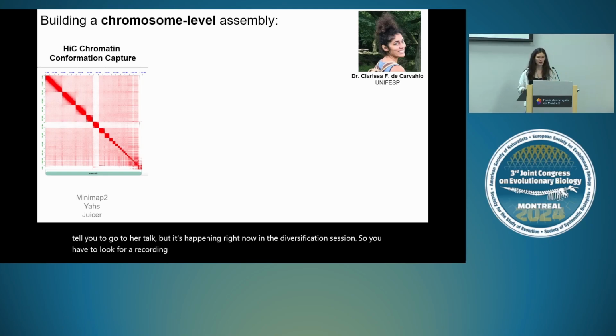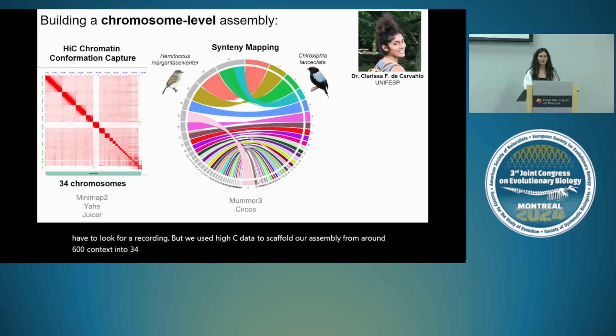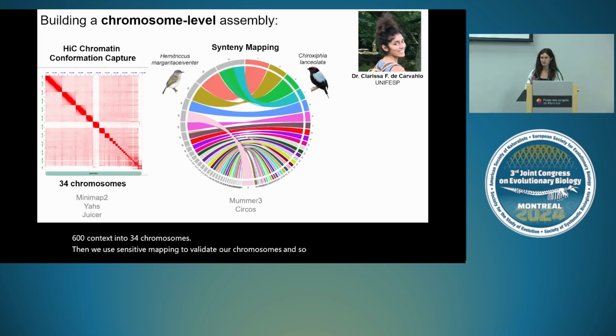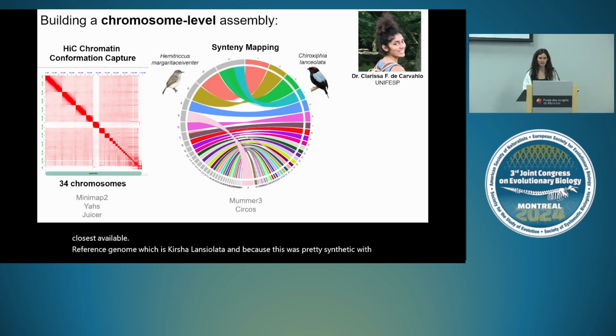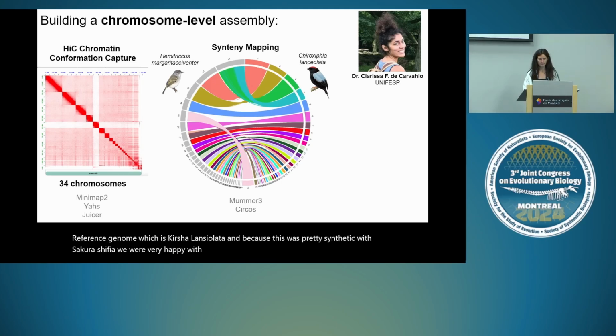But we used Hi-C data to scaffold our assembly from around 600 contigs into 34 chromosomes. Then we used synteny mapping to validate our chromosomes, and so we mapped it to the closest available reference genome, which is Querula purpurata. And because this was pretty syntenic with the reference, we were very happy with our chromosomes.